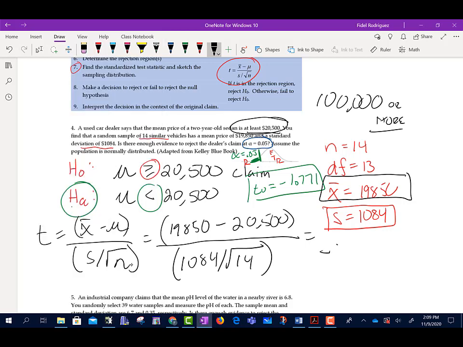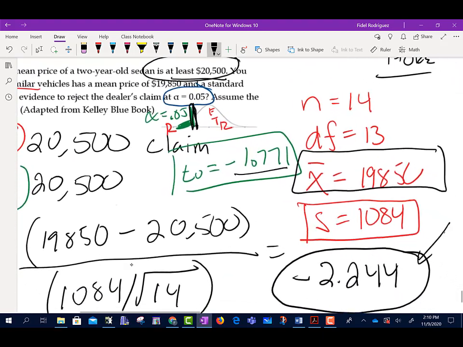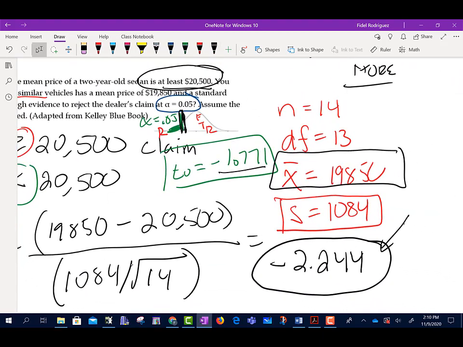So I'm getting a negative 2.244. Now, what does that mean? That is my standardized test statistic. What I need to do is figure out where this number falls in comparison to my negative 1.771.